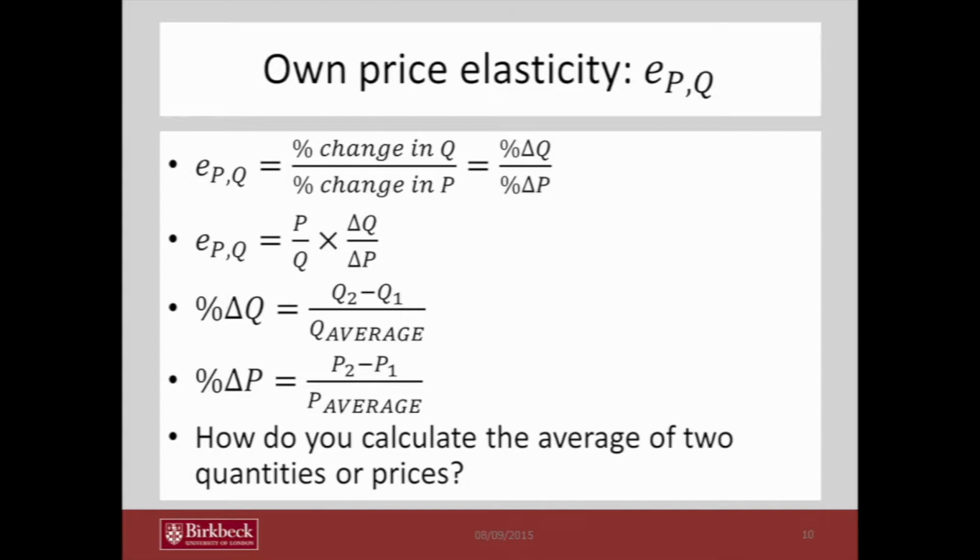Now, be aware that the change in price is calculated slightly differently than we would calculate a simple percentage change. So the percentage change in quantity is still the final quantity minus the initial quantity, but now you divide it by the average. Same for the percentage change in price. But how do we calculate the price average or the quantity average?